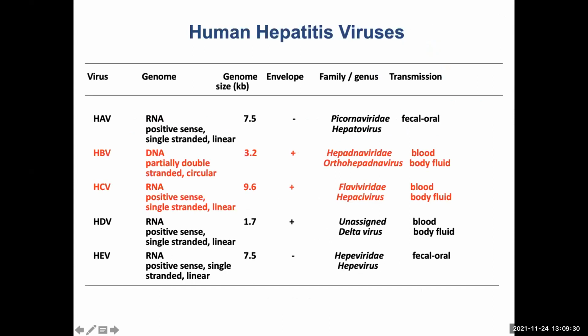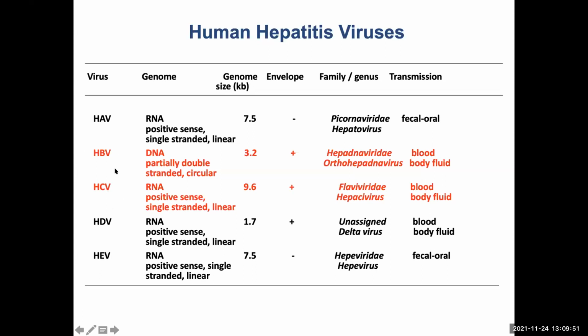So in the beginning, as you know, there are 5 human hepatitis viruses, from hepatitis A to hepatitis E. And today's topics are about HBV and HCV.